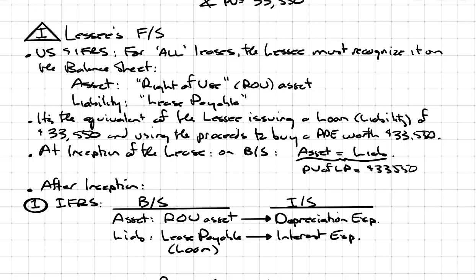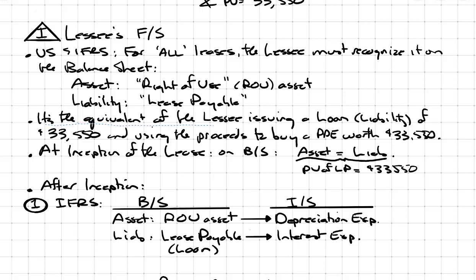So when we see right of use, it means that the asset that the lessee has is being leased rather than owned. And of course, on the liability section, they would have a line item called lease payable. That just indicates to the reader that the lessee is obligated to make future lease payments, much like a loan.